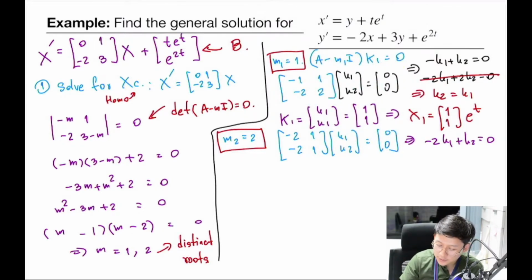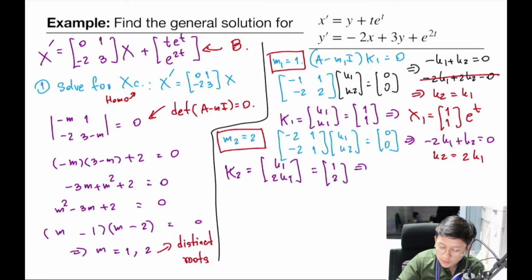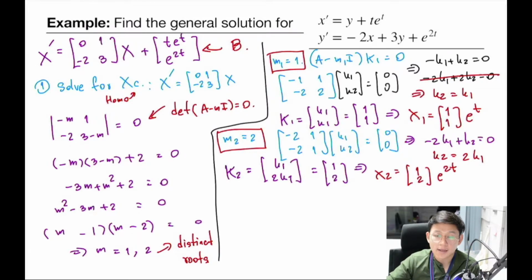In that case, we have that k2 is actually 2k1. So we have that the vector k is k1 and 2k1, and then we pick k1 as 1, so we get 1 and 2. In that case, we have that x2 is 1, 2 e to the 2t. Okay, and that is x2.